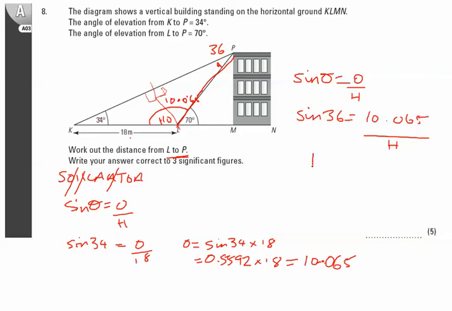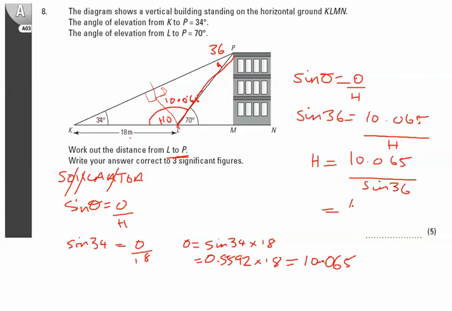Rearranging, that's going to give me the hypotenuse is equal to 10.065 over sine 36. So using my calculator now, I'm going to do 10.065 divided by brackets sine 36.